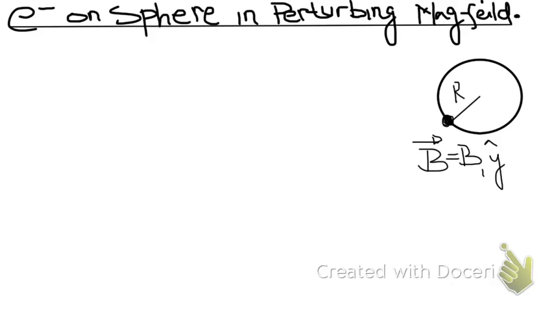First let's go ahead and recall some of the things. From classical mechanics, for a particle on the surface of a sphere, the Hamiltonian H is given as L squared over 2I.